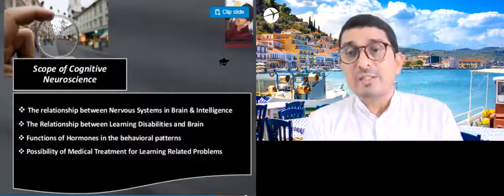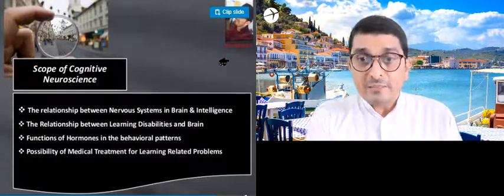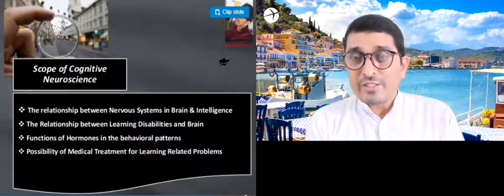the behavioral problems faced by the teachers from the adolescent students can be removed by giving some medicines.